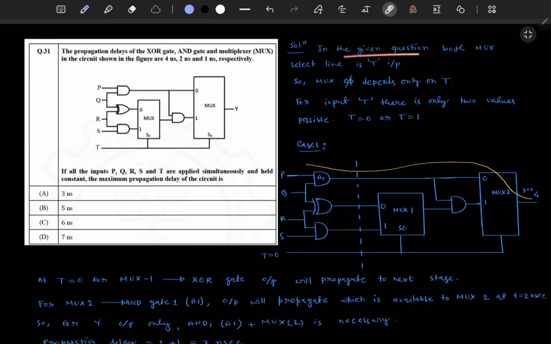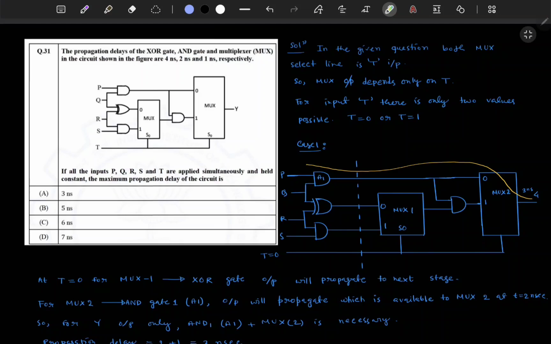Now in the given question both mux select lines are T. Okay, this T is the select line for both the muxes. For input T, there are only two values possible, T equal to 0 or T equal to 1.